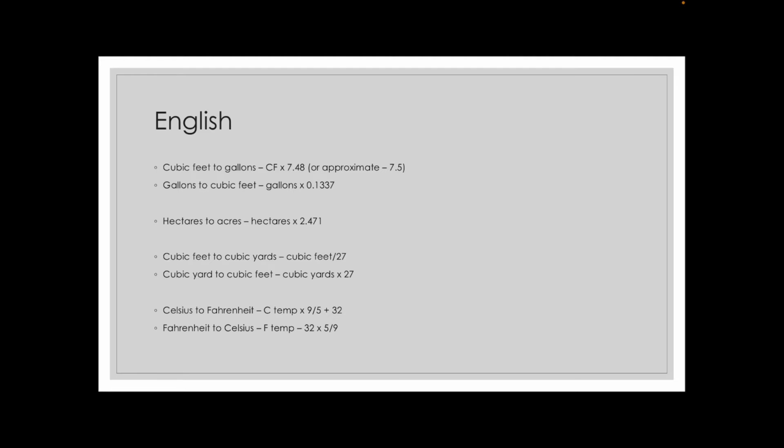Now think of a 5-gallon bucket, and you're going to add a little bit more to that. It kind of gives you an idea of the weight as well. And then the reverse of that, if you need to go gallons to cubic feet, you're going to multiply by 0.1337 or just 0.13. I think in the landscape industry, it's not necessary that we're so accurate, accurate down to the inch, or down to 7.48 instead of 7.5. I think that's close enough.